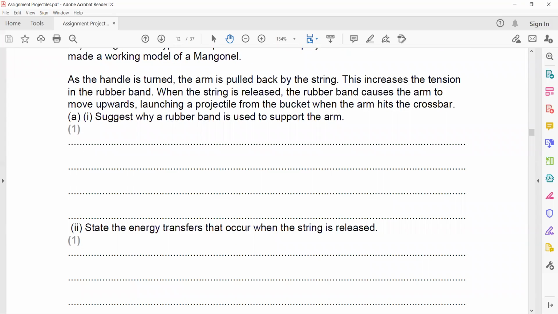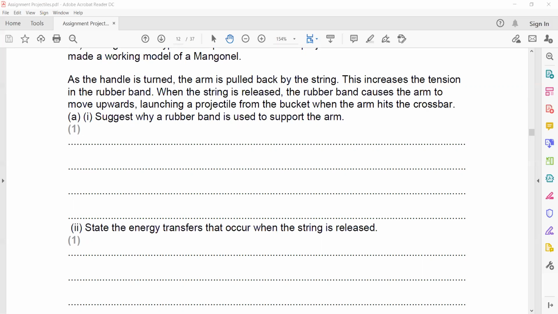So what is the reason? Rubber bands can store energy. When you stretch the rubber band, the energy is stored, and when you release, it will transfer the energy back so the object can move or have different energies.